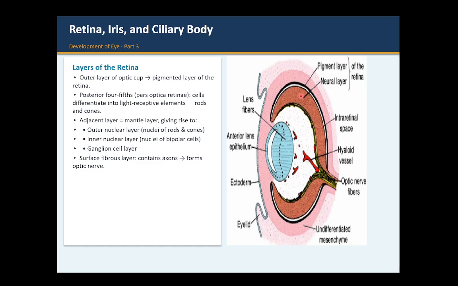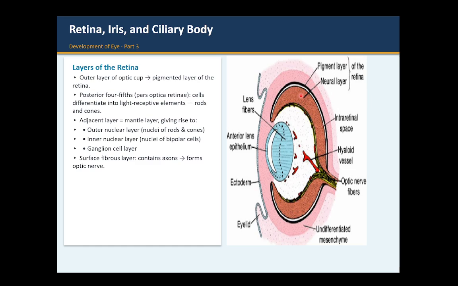Because embryologically, the outer part of the retina, which is the pigment epithelium, is arising from the outer layer of the cup. The inner layer of the cup, which is mainly giving the neural retina, has a gap between them. And that gap is a potential space in which you can have the detachment of the retina.